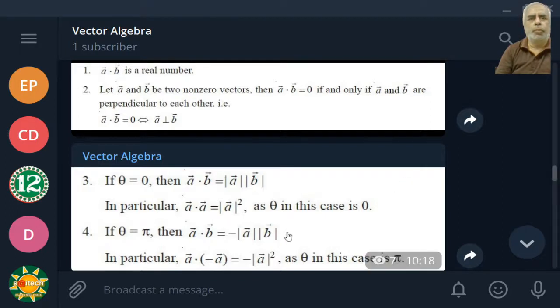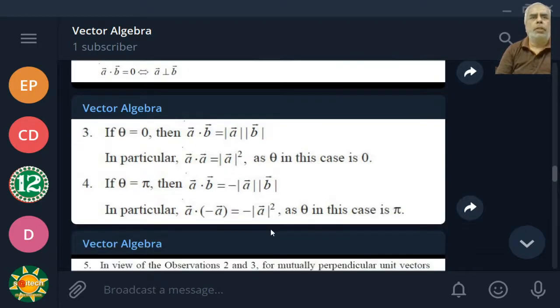Let us proceed further. When theta is equal to 180 degrees, it means they are opposite. So this is vector A, and vector B goes like this, making an angle of 180 degrees. In that case, cos 180 degrees, that is cos pi, is equal to minus 1.